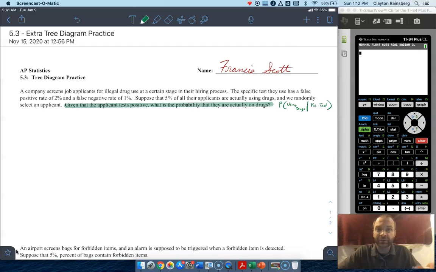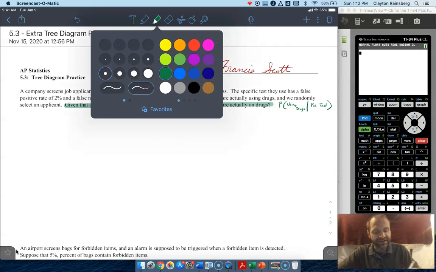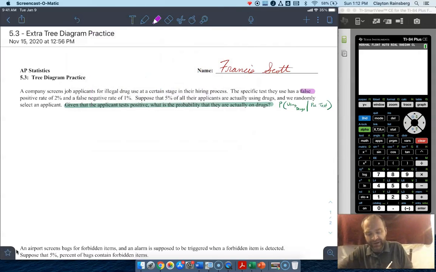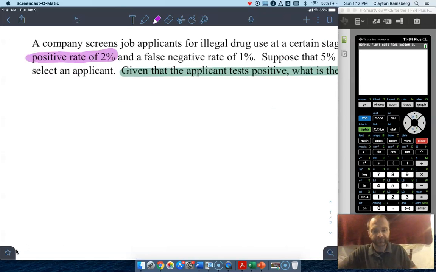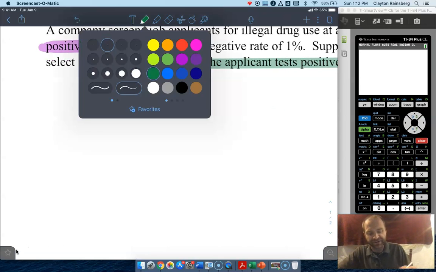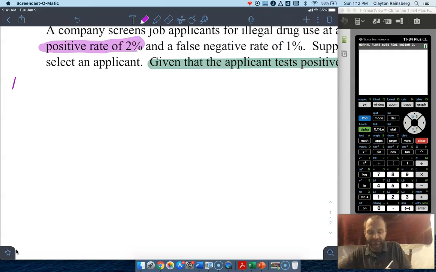So you have to outline what we know. The first thing I see is a false positive rate of 2%. Let me write this off to the side. We have a false positive, and that rate is 2%, so 0.02. Now what does that mean?